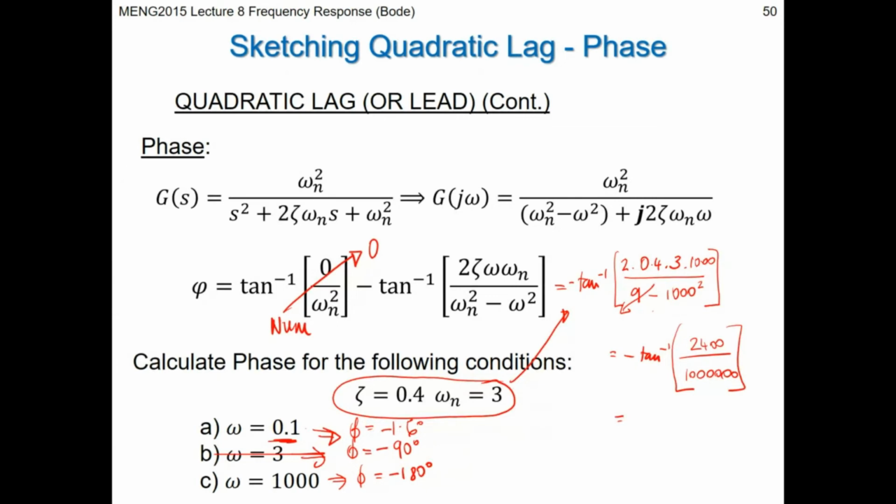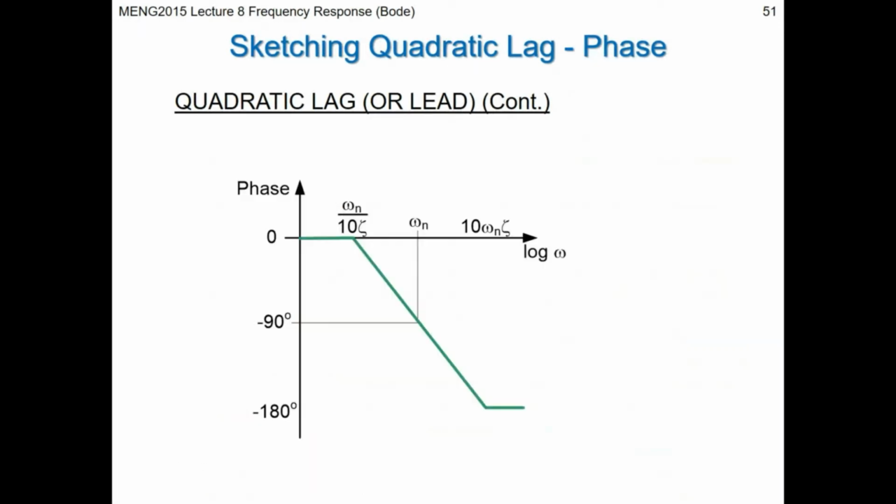But what we're identifying here is that a second order also has a standard shape. It looks like this. This is what you'd call an asymptotic approximation, because it just has straight lines, it hasn't got any of the curves to it.